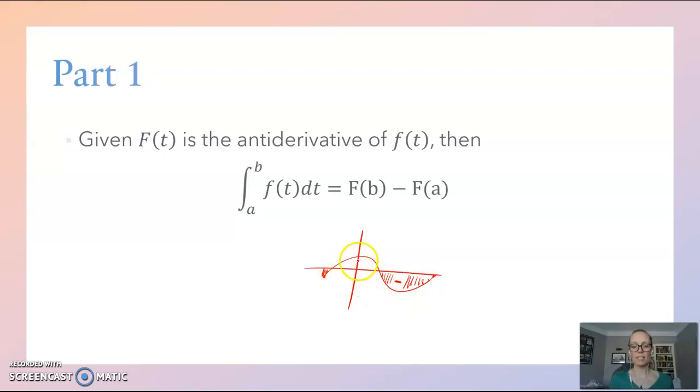And any of the area that exists above the x-axis is all considered positive area. And so when you calculate the antiderivative using the fundamental theorem of calculus, you are finding the combined signed area. Signed area meaning that this counts as negative area and this counts as positive area. And so you would get the total of that. So that is what we're calculating when we find the definite integral.